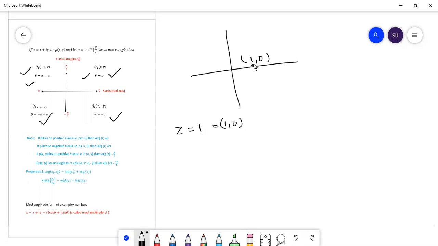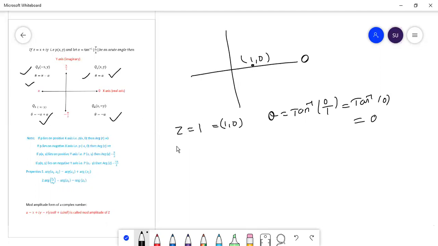If any point lies on the x-axis, you can directly write theta is equal to tan inverse of y by x, which is tan inverse 0, that is equal to 0. That's why if the point lies on the positive x-axis, the argument is 0.